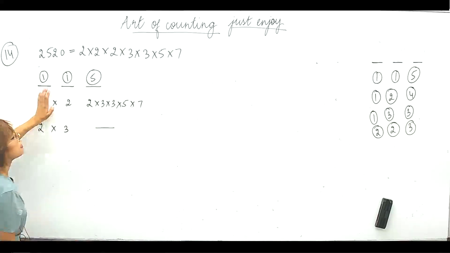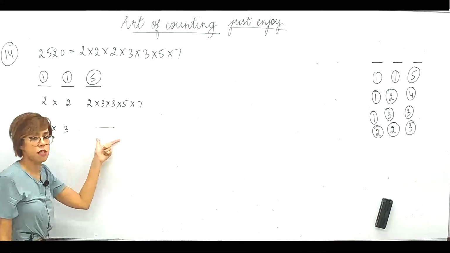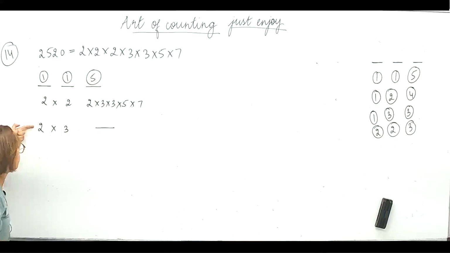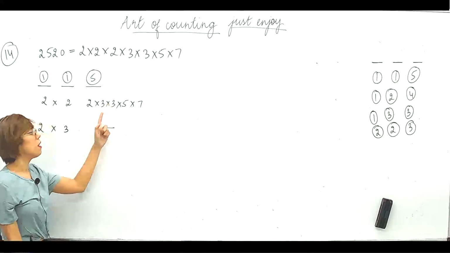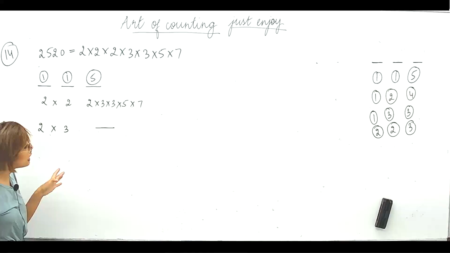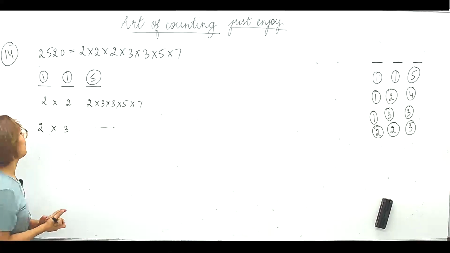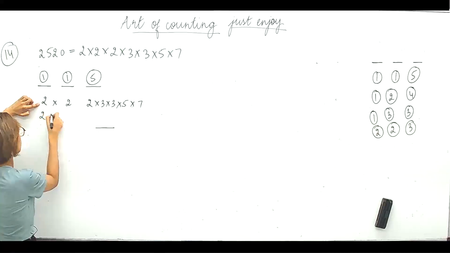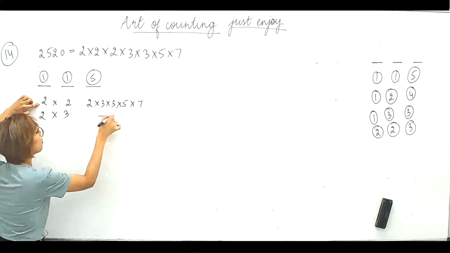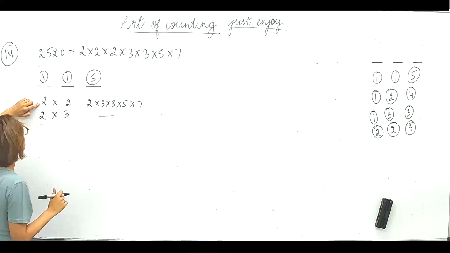Now you'll realize obviously I don't need to write this, because I am interested in the number of it, right? ये यहाँ पे डाल दिया है. If this is here, obviously you fix it, right? So that's why ये लिखने की कोई जरूरत नहीं है, especially in this case. Okay, so 2 into 2 and 2 into 3. Now I will save my space, और यहाँ पे whatever the case may be, you can write it.